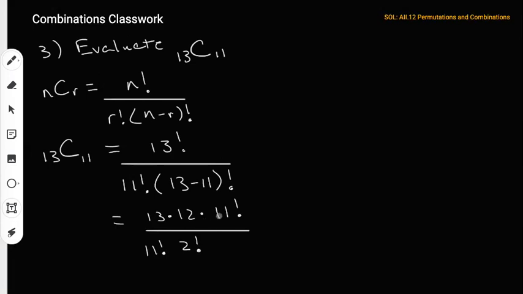It's going to be the 11 factorial. And 2 factorial, that's the same thing as 2. So I'm actually going to have 13 times 12 divided by 2. 13 times 12 is going to give me 156. And then if I'm dividing by 2, then that's going to give me what? 78.